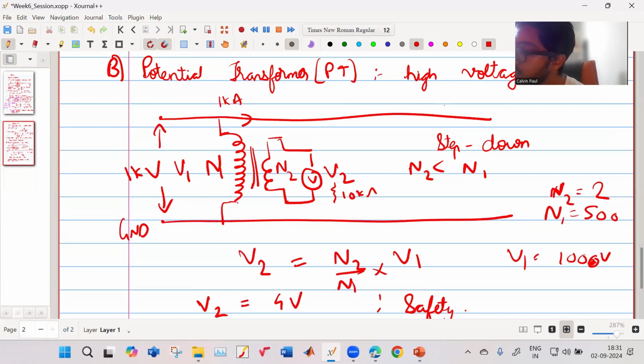We found out that V2 is 4 volt and there's a 10 kilo ohm resistance. So what will this current I2 be? It is 0.4 milliampere. Okay? 0.4 milliampere is flowing. Now, what will be the current which will flow over here then?